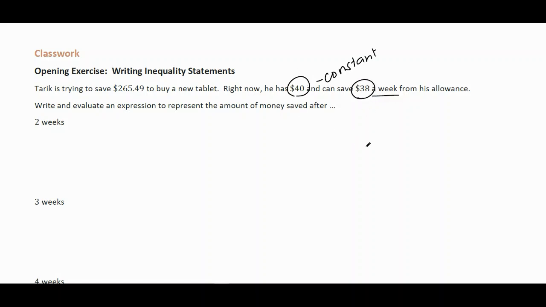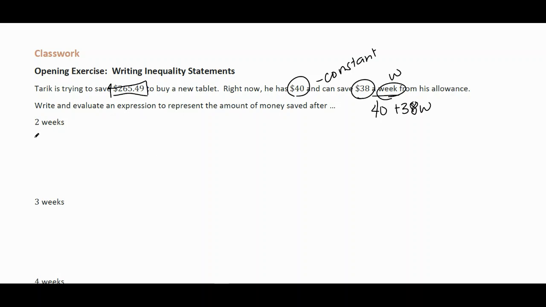So every single week that passes by, he's going to get $38. Again, our target is $265.49. So we're going to have 40 plus 38, and let us use W as a variable for the number of weeks.